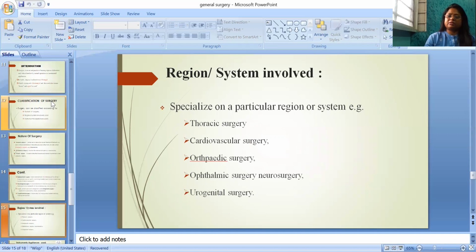Suppose in thoracic surgery, if there is some disease related to the thorax, then you have to go through the thorax, and you have to do thoracic surgery.